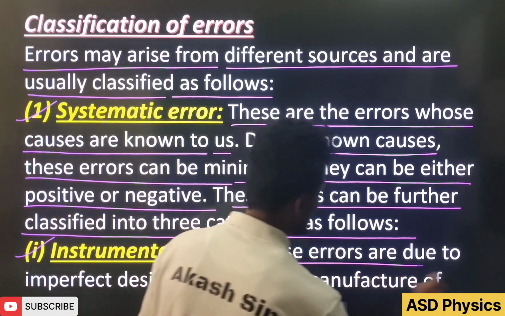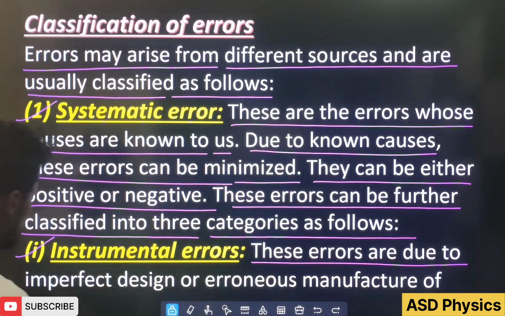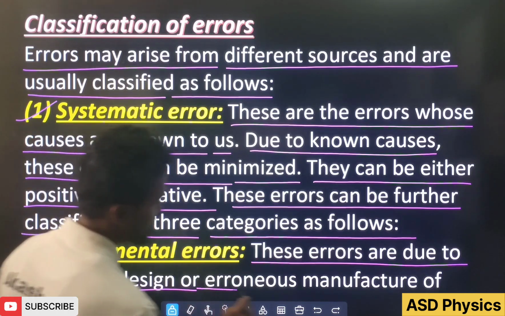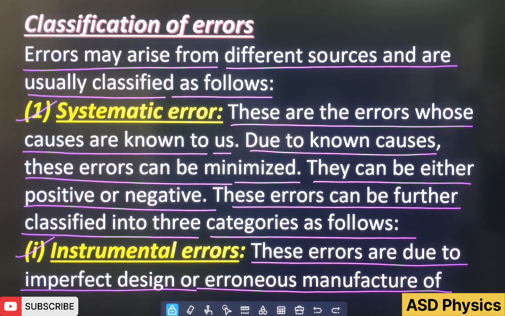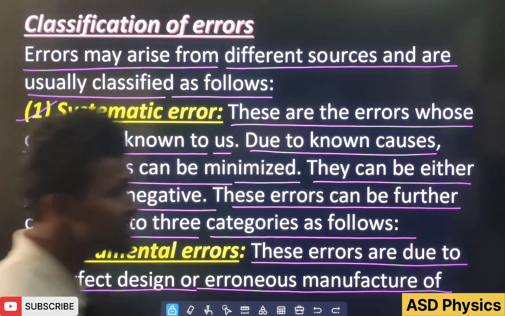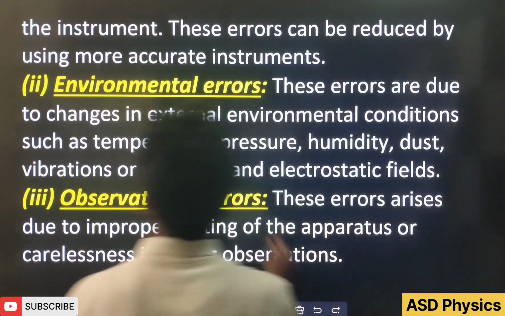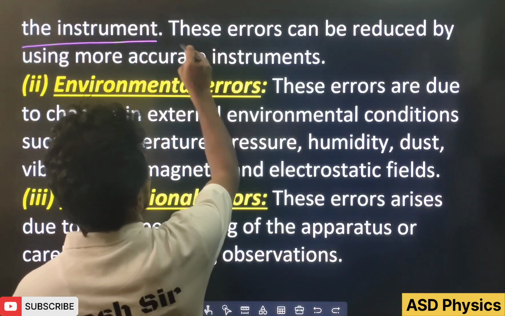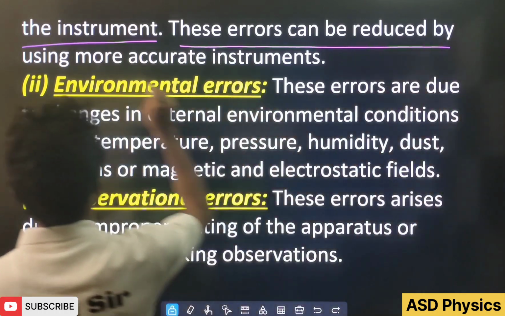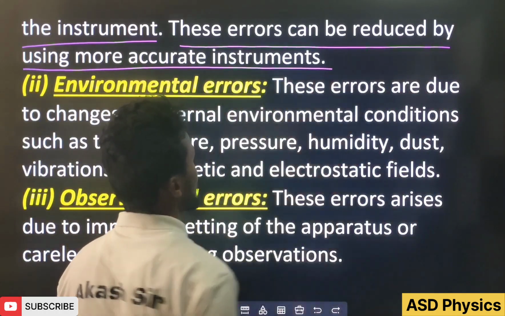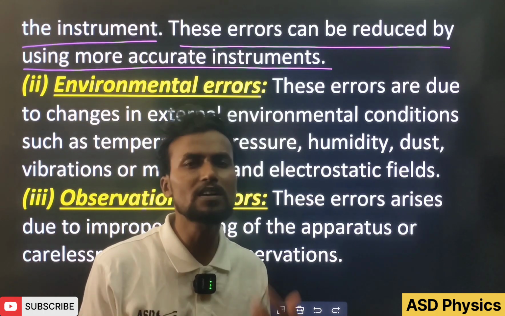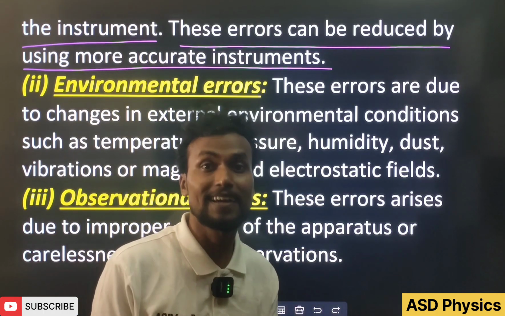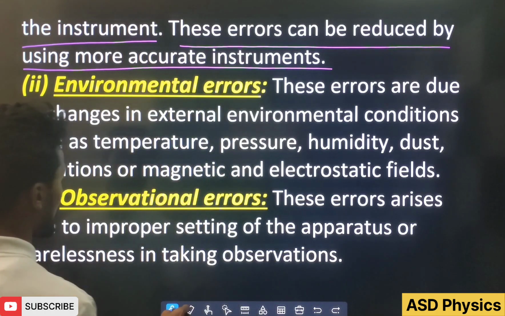These errors are due to imperfect design or erroneous manufacture of the apparatus or instrument. These errors can be reduced by using more accurate instruments. Because the causes are known to us, we will use a more accurate instrument and this error can be minimized.